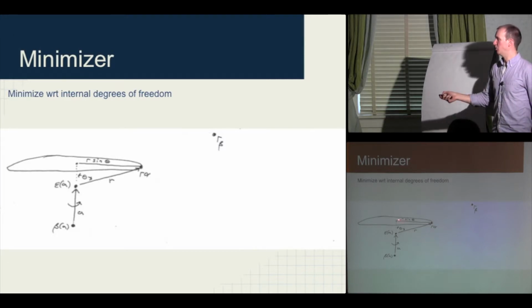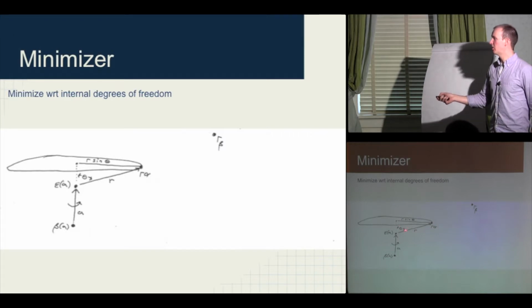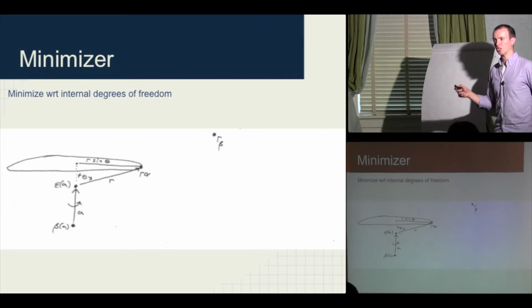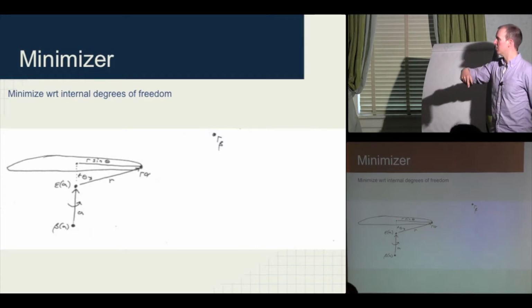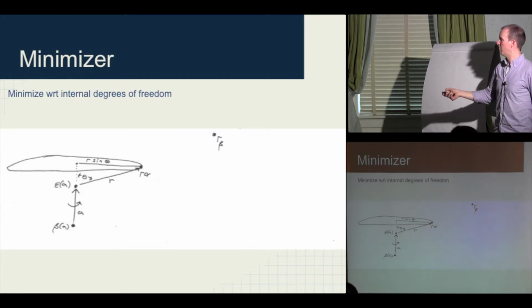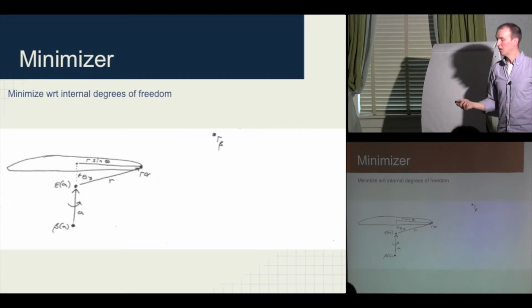Then if you measure this exterior angle from beta A, epsilon A to r alpha, or maybe the interior angle if you consider the center of the circle, call that theta. Then the length of this circle in space through which r alpha is going to move is r sine theta.